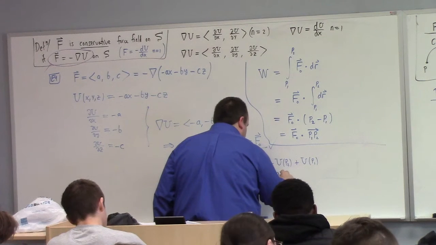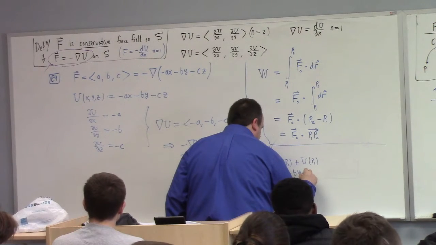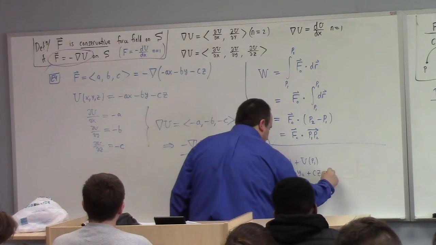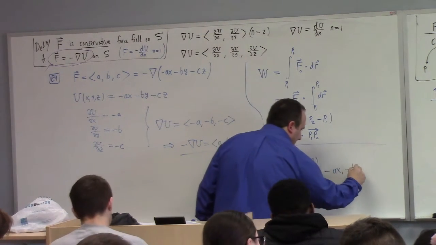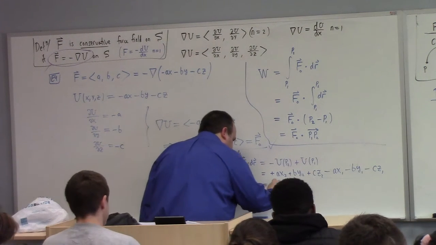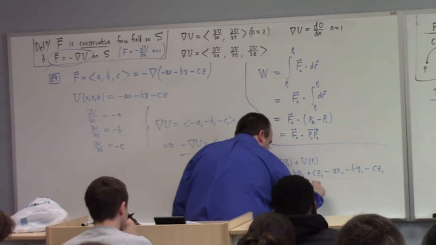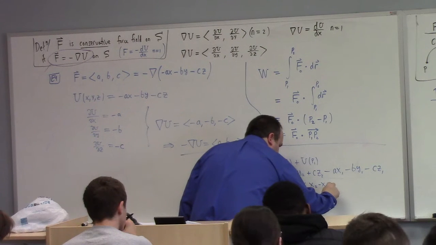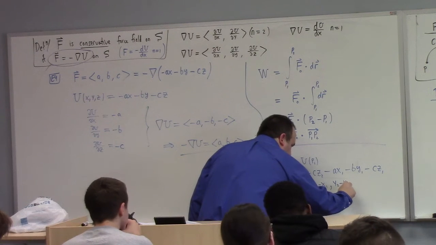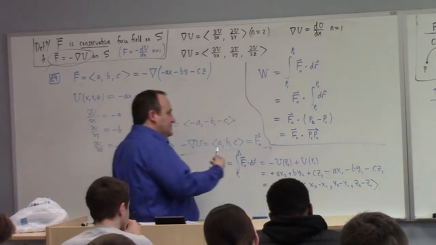Minus AX2 minus B... actually, it should be a plus, right? Because minus minus is a plus. And that's nothing more than ABC dotted with the difference in the coordinates of P2 and P1, which of course is nothing more than the line segment that goes from point 1 to point 2, as we would expect. So this is another way you could look at this problem.